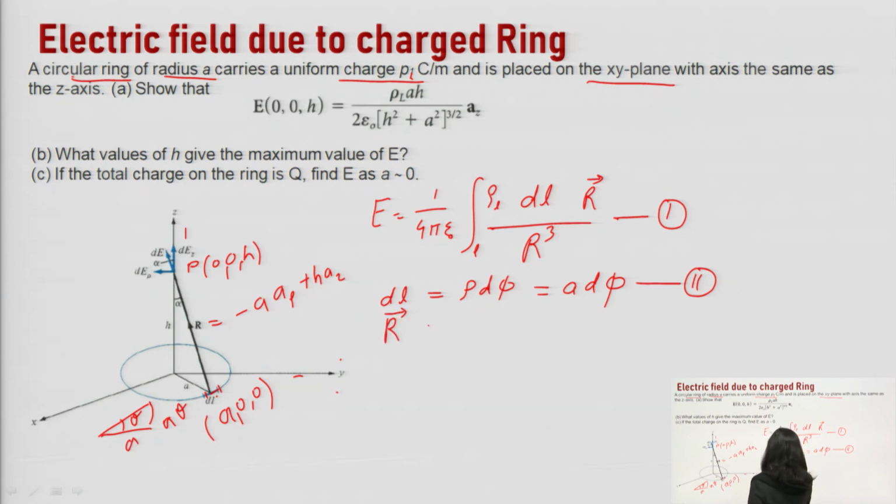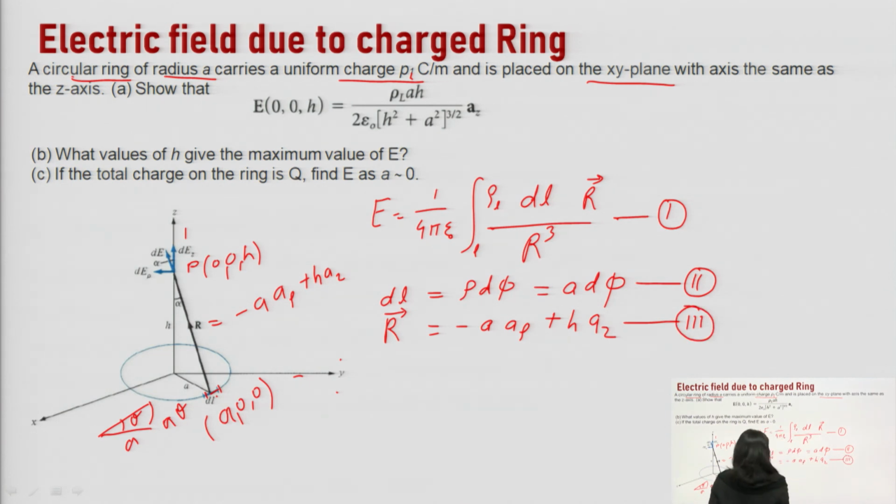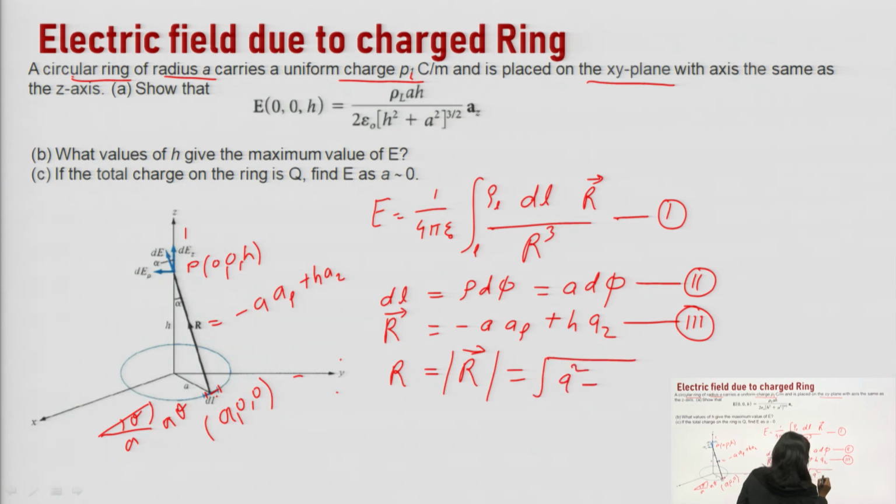The vector r can be written as minus a rho plus h az. Let it be called equation 3. Now as we got the distance vector r, we can easily find the r magnitude, which can be written as square root of a square plus h square. Let it be called equation 4.